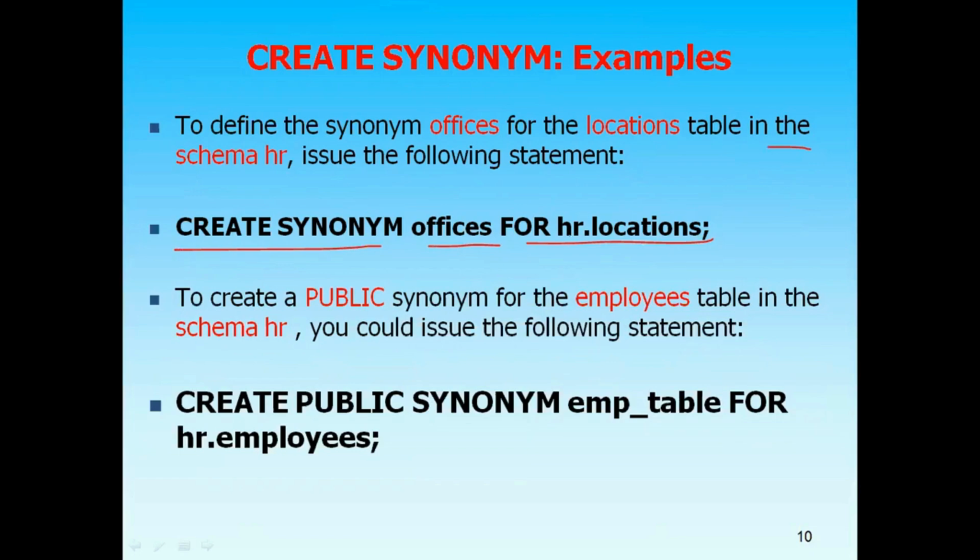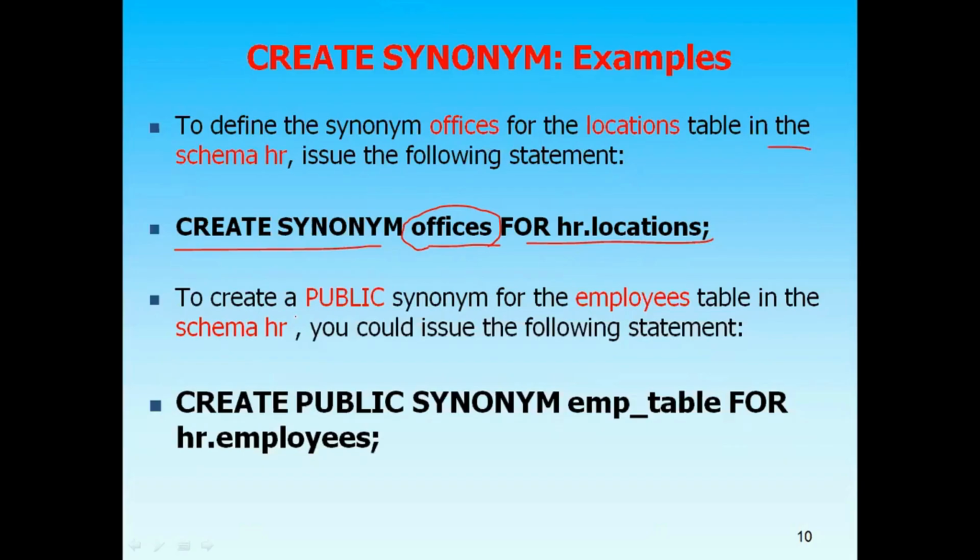HR is my schema name and locations is my table name, right? So instead of mentioning HR dot locations, we can directly access it with offices, right? No need to mention the username. Whenever another user wants to access the table, they also have to mention the username along with the table name. Directly they can't access it. But if a synonym is created, this simple name they can use to access the table. Right?